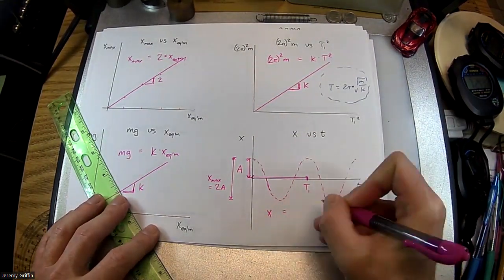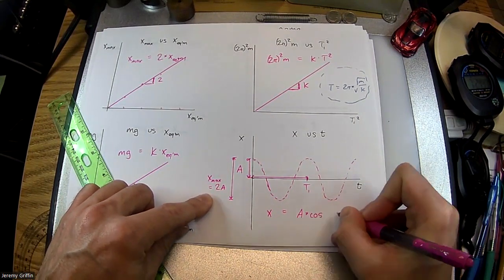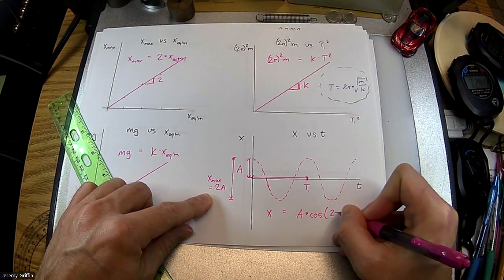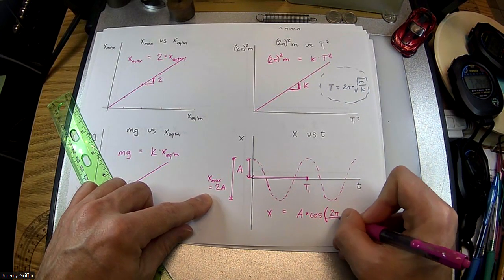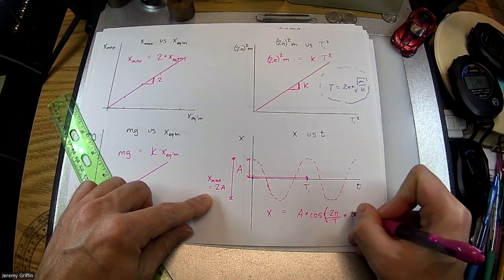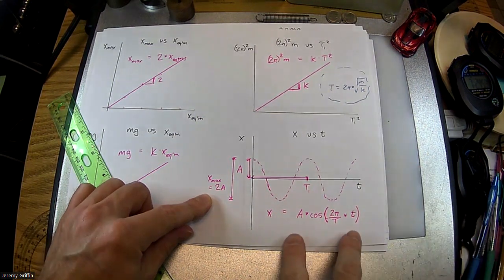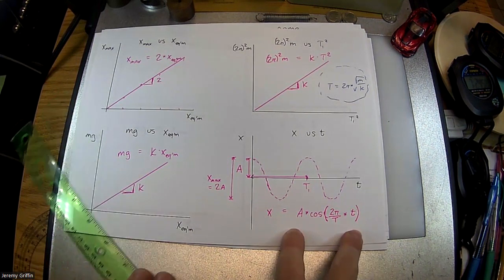Maybe x equals amplitude times cosine of 2 pi times the regular frequency, which is the same thing as 2 pi over time period, times the time as a variable. So that could be the equation of that graph.